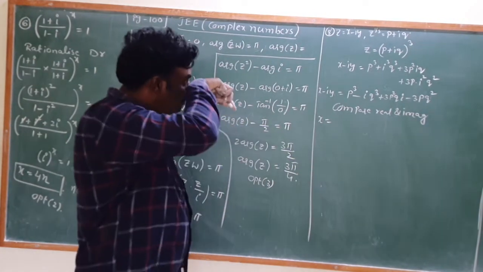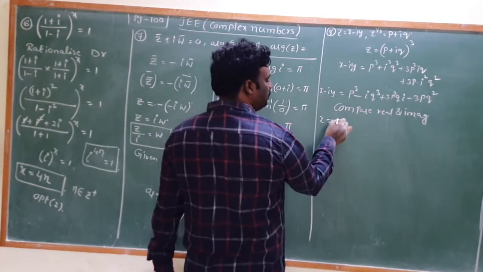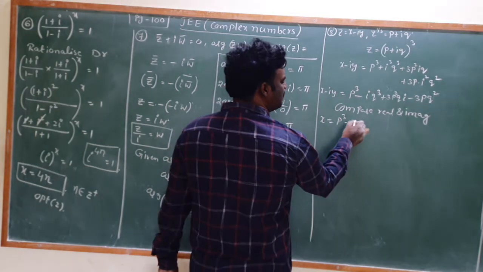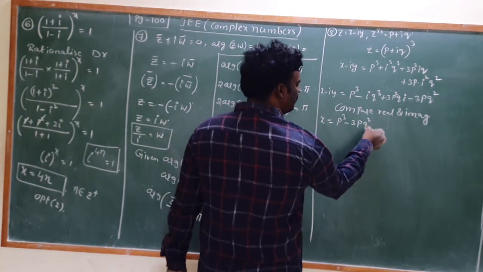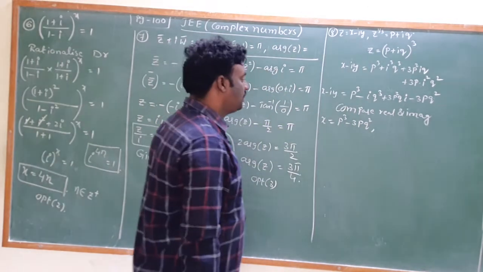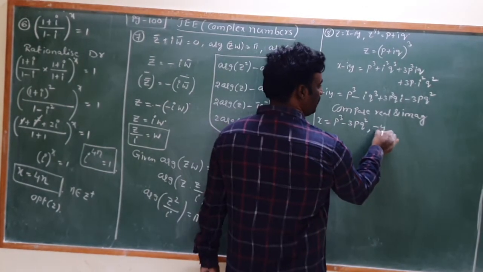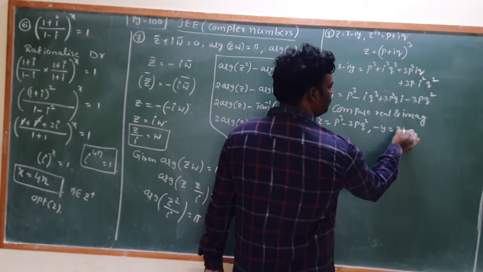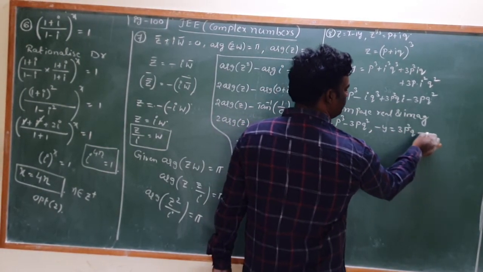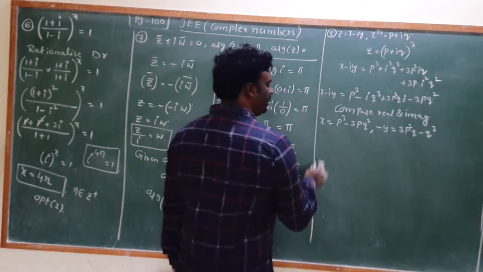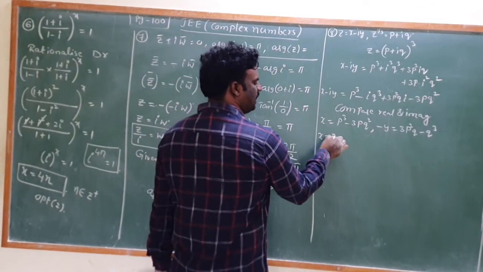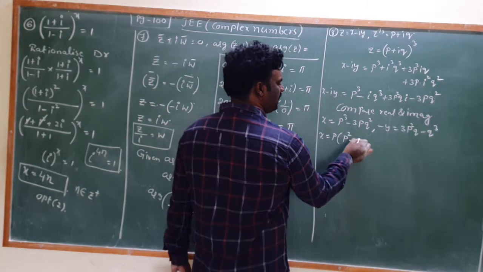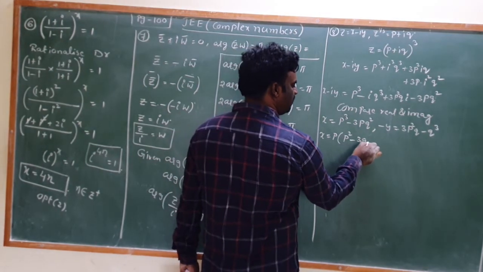On the right side, what is the real part? P cube minus 3pq square. What is the imaginary part here? Minus y. Here what is the imaginary part? 3p square q minus q cube. Then x is equal to, I can take p common, p square minus 3q square.